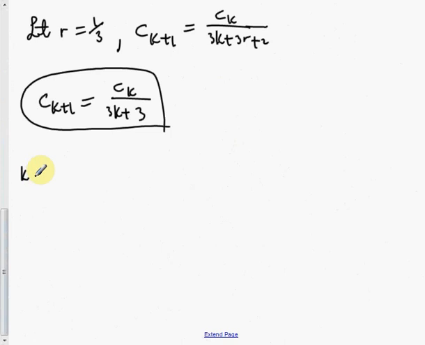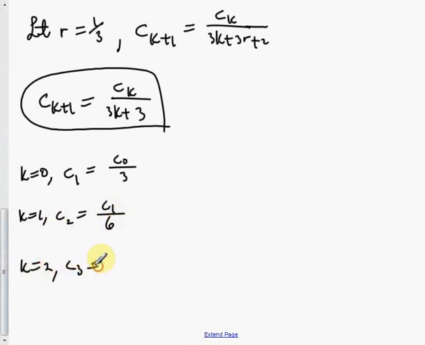So we say here k is equal to 0. We get c sub 1 is equal to c naught all over 3. When k is equal to 1, we get c sub 2 is equal to c sub 1 over 6. When k is equal to 2, we get c sub 3 is equal to c sub 2 all over 2 times 3 is 6 plus 3, we get 9.